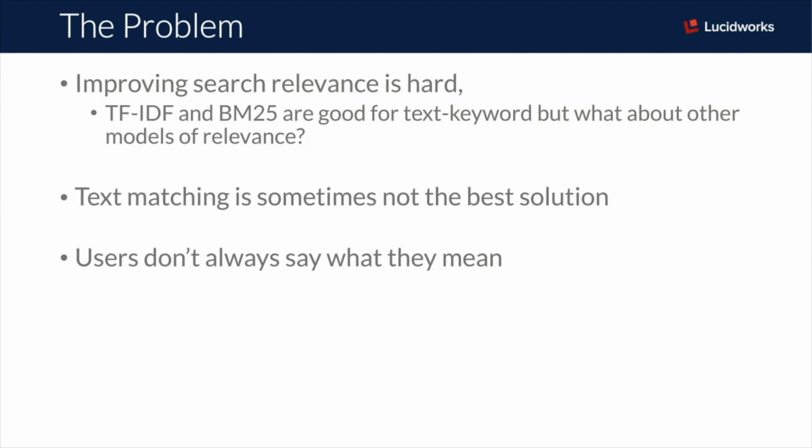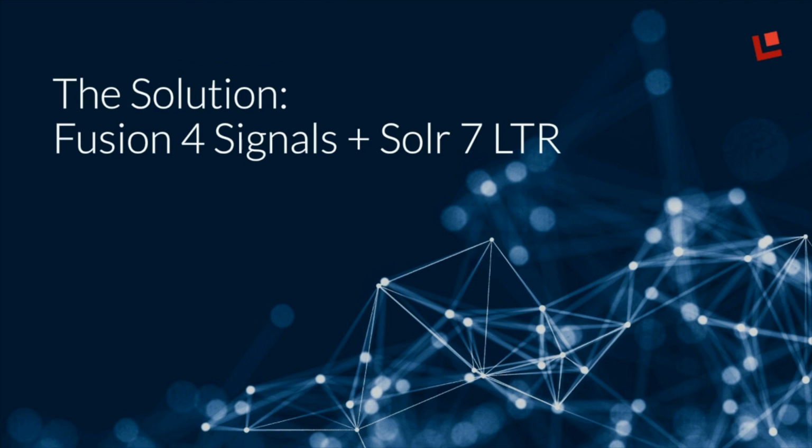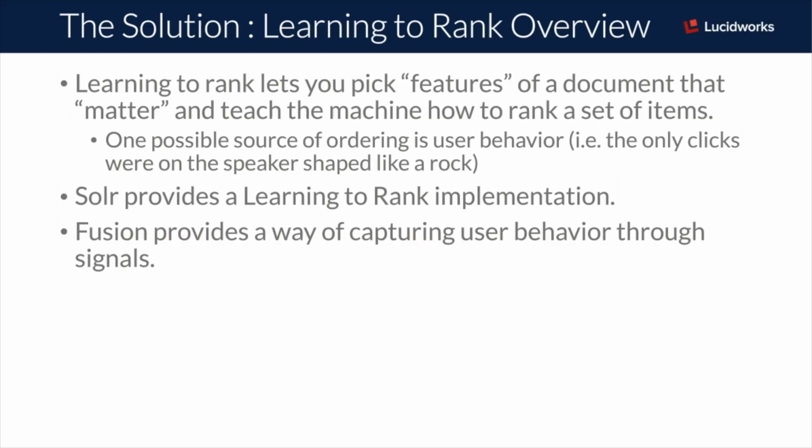So one of the ways Fusion 4 and Solr 7 allow you to address this problem of relevance is through an algorithm called learning to rank. Learning to rank is a machine learning technique where we teach the computer how to rank items. We do this by choosing features, which you can think of as relevancy factors, that we think the algorithm should weight and tune.